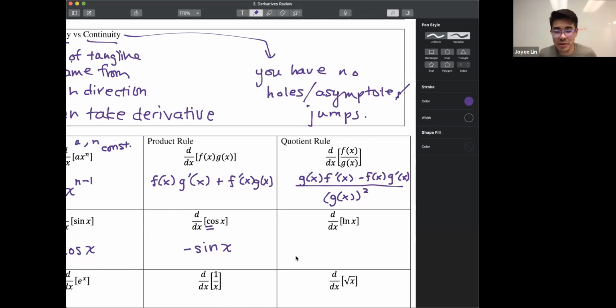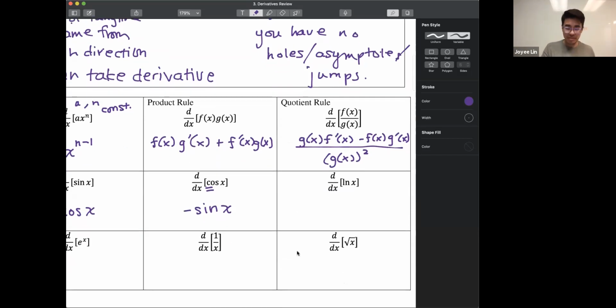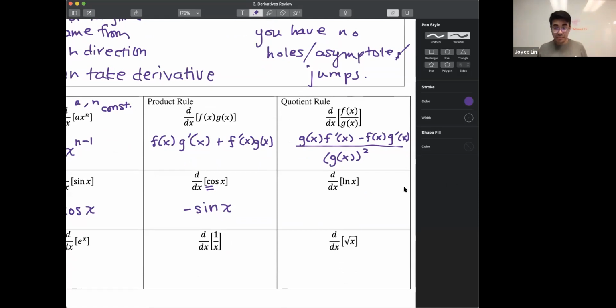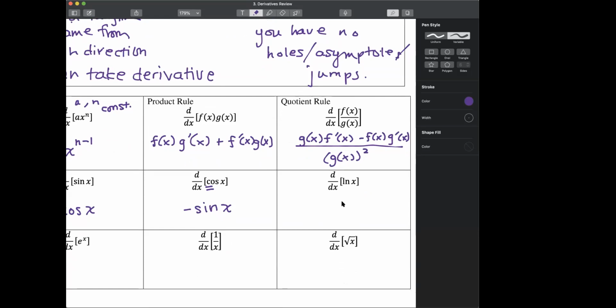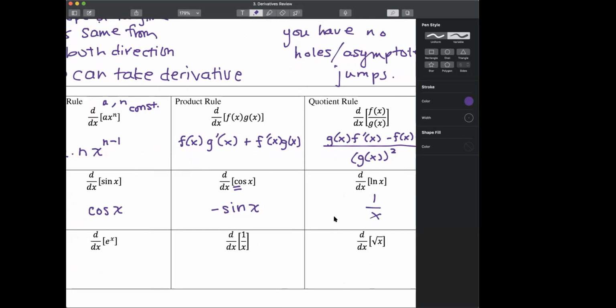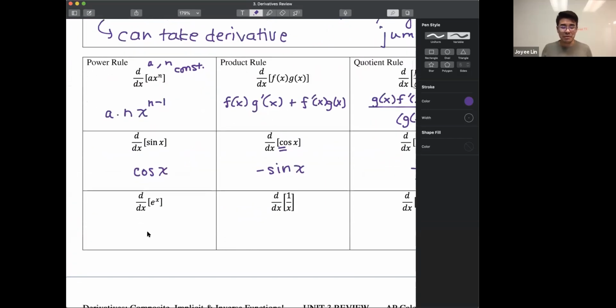Who remembers the derivative of ln x? You can just unmute yourself if you want. 1 over x. 1 over x, perfect. And then e, there's this really cool meme of a knight with a sword trying to take the derivative of e to the x, and every time he takes it, it's still the same dragon that he's trying to slay.